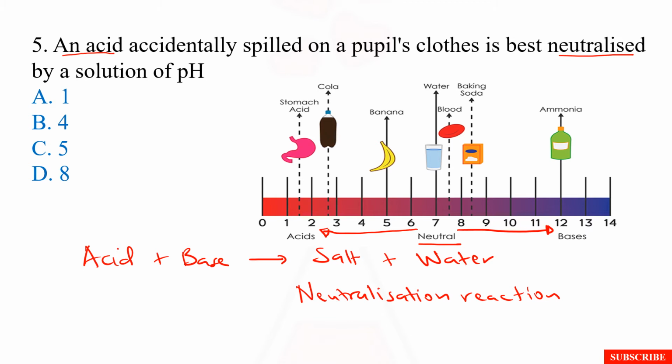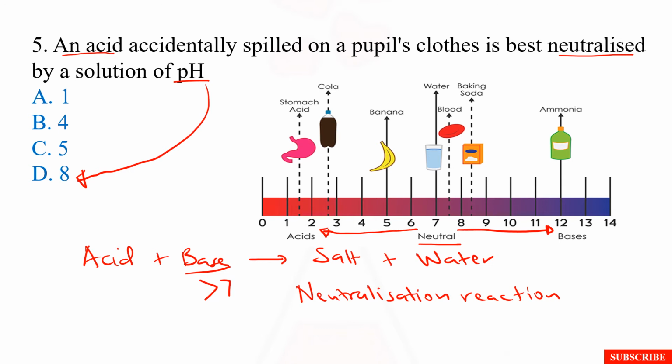So this neutralization reaction can help us know how to neutralize this acid that could have spilled on a pupil's clothes. If acids have pH below 7, that means to neutralize the acid we need a pH above 7, which will be basic. So in our answers, the pH of 8 is above 7, and it could be the one to neutralize the acid that had spilled on this pupil's clothes.